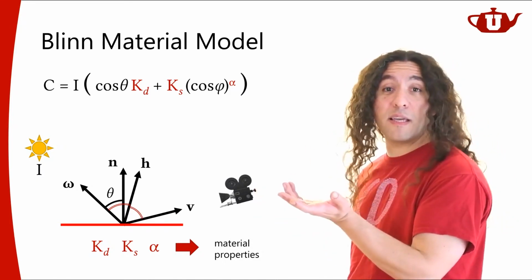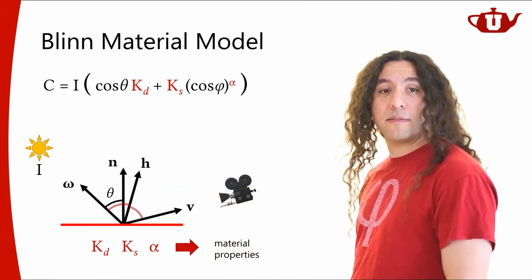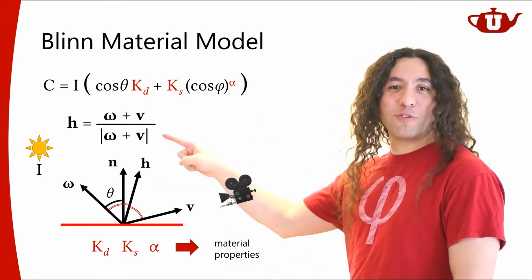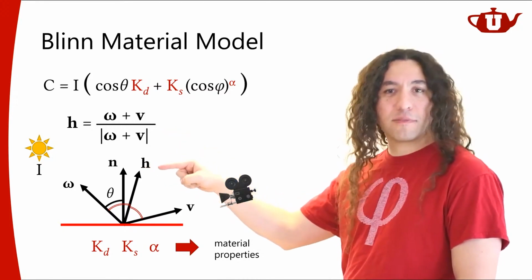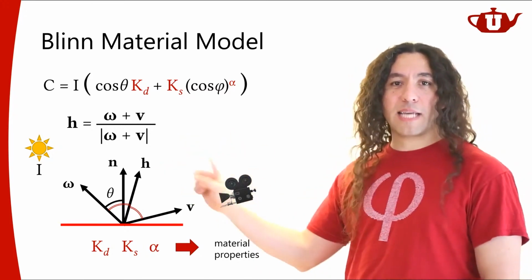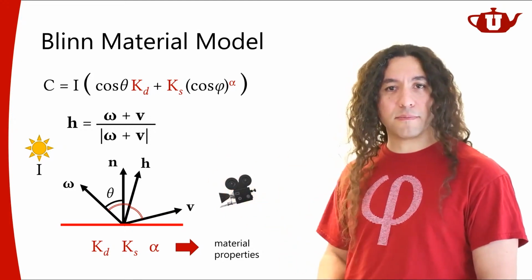It's actually very easy. I just add these 2 vectors, V and omega, and normalize it. That's going to give you a unit vector in the direction of H. And so this is how H is defined. So H is a unit vector exactly between omega and V, the light direction and the view direction.